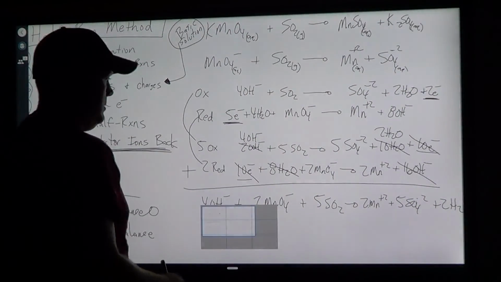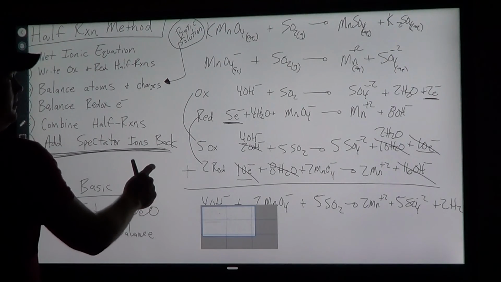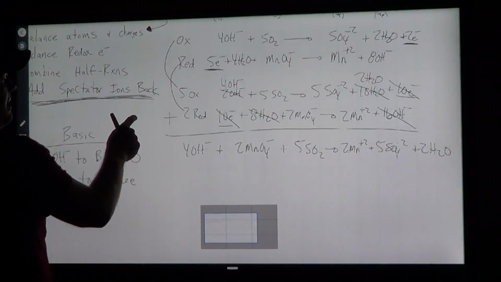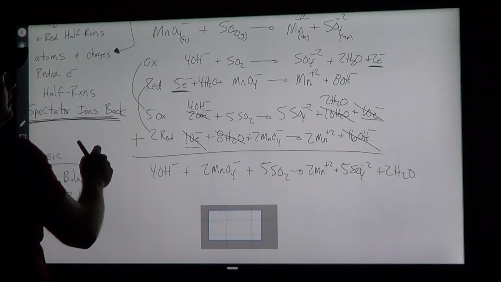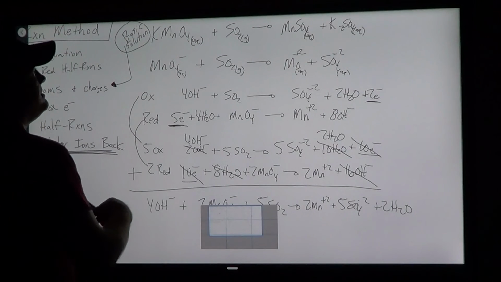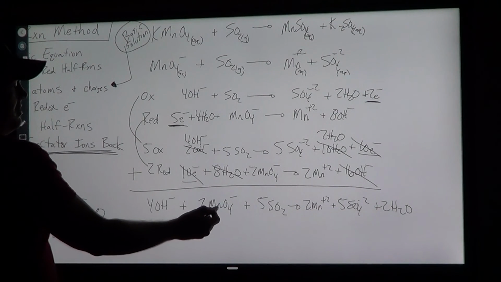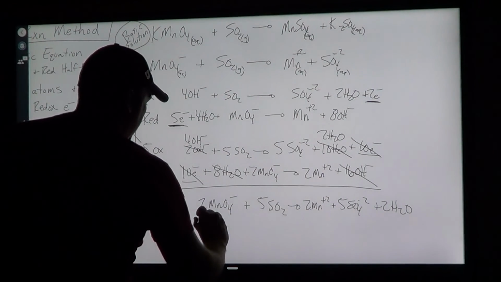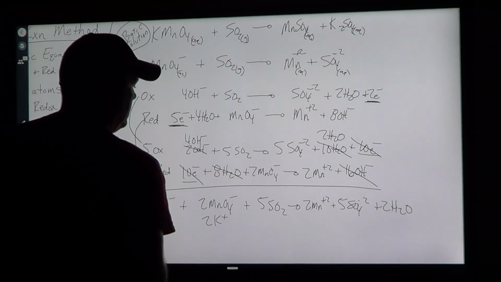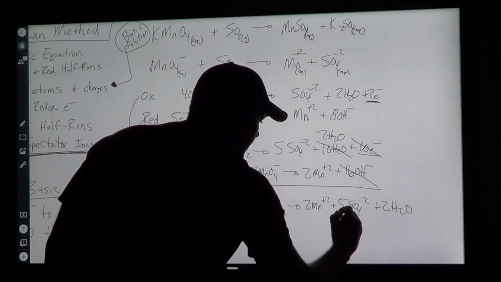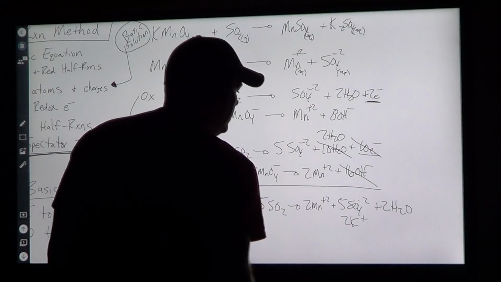Okay? And now for our last step, adding our spectator ions back in. Okay? Oops. Which over here, again, I'm running out of space. Every MnO4 down here had to come with potassiums on it. So we're going to add 2 Ks to the left, which means we have to add 2 Ks to the right.